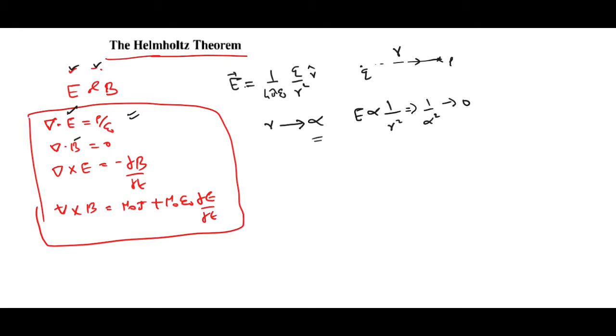To find out this electric and magnetic field, we have to solve this differential equation and we have to apply the boundary condition. Then here Helmholtz gave another way. That is, if the boundary conditions of a vector function are given, then that vector function is uniquely determined by its divergence and curl.